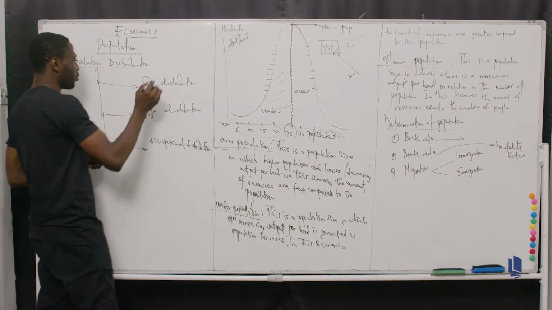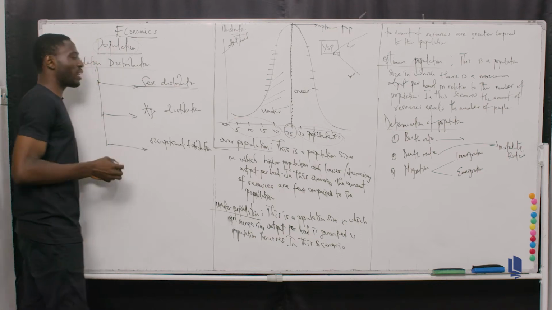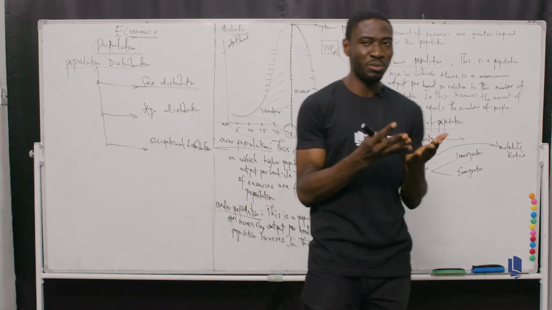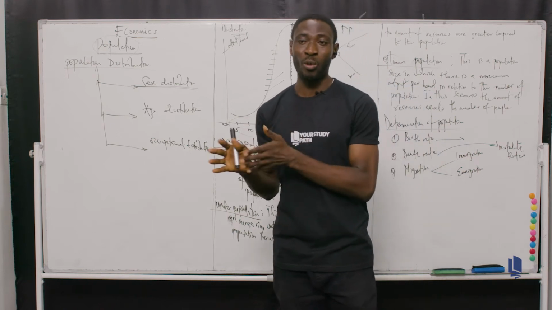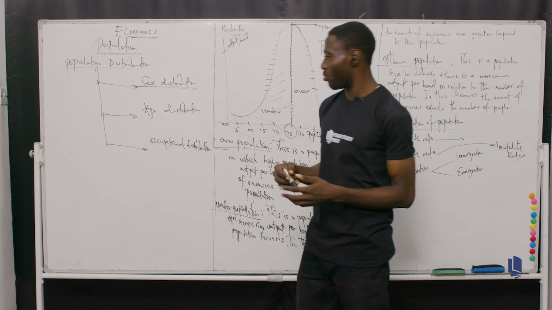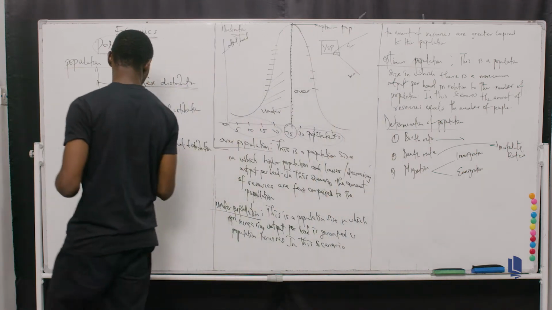Now, let us see the subdivisions. If you look at sex distribution, that means we are trying to distribute the population into some component parts. What are the component parts of the sex distribution? Very simple: male and female.